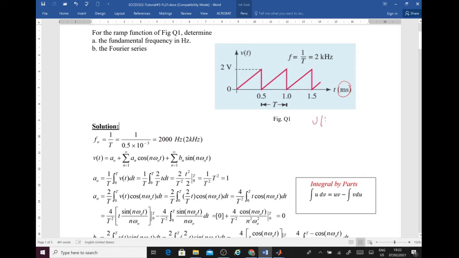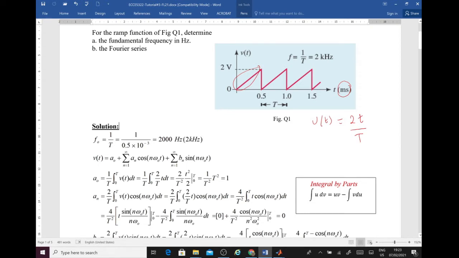If I like to write the equation, it will be 2t divided by T. So this one will be the equation for this curve over here. So at time equal to T, v(t) will be equal to 2.